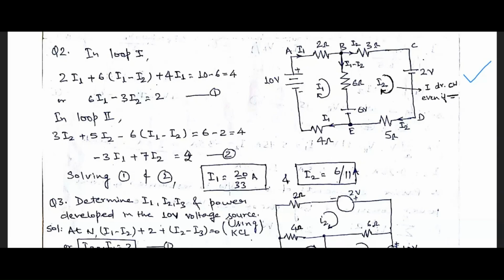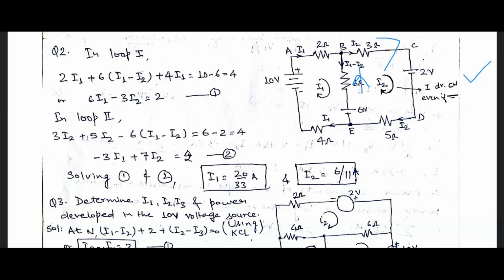Similarly, as in the first loop, we can apply KVL in the second loop as well. The current I2 is flowing in the upward direction here, and here it is flowing like this. When we apply KVL, we begin with this 3 ohm resistance.